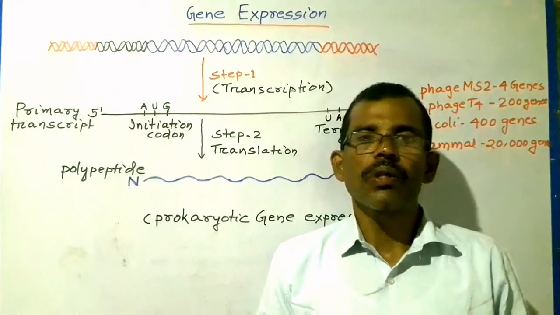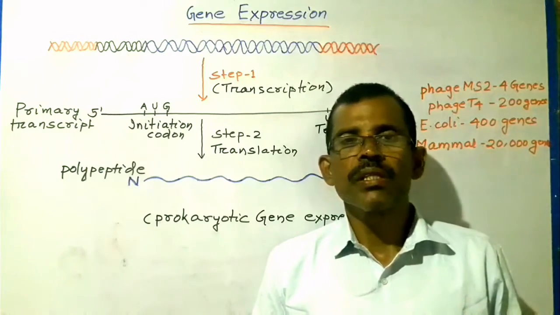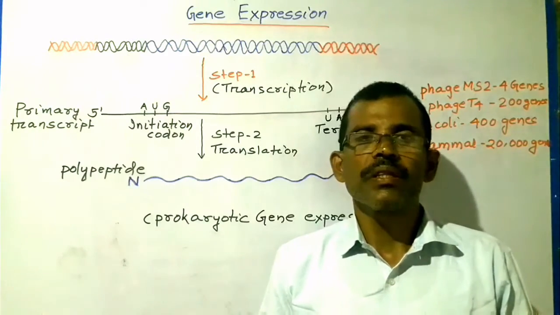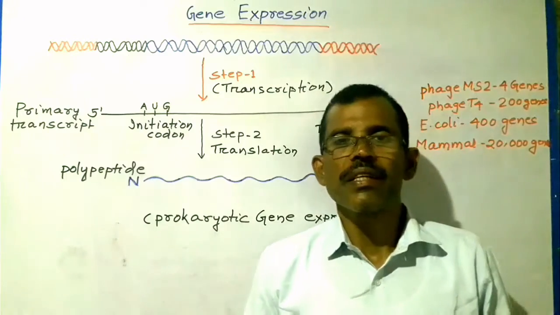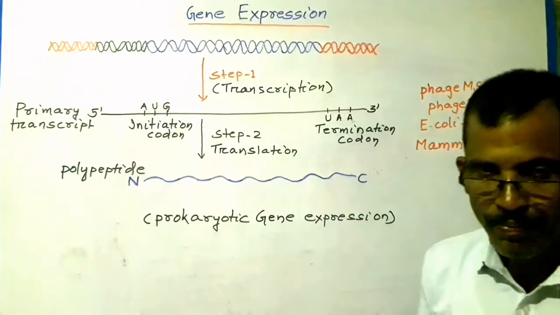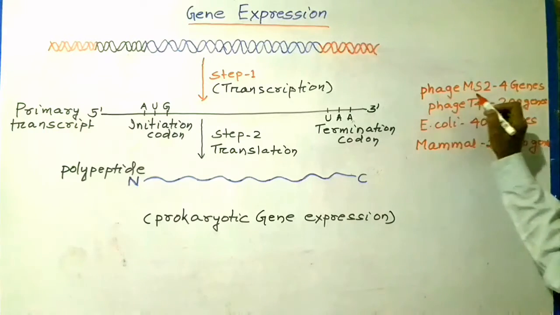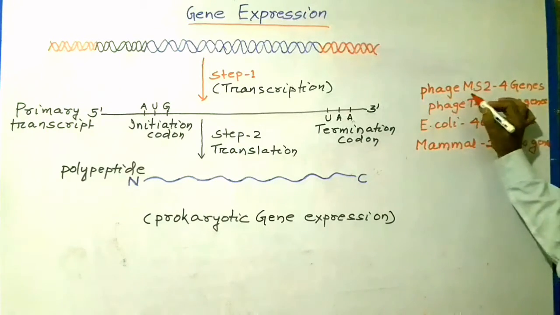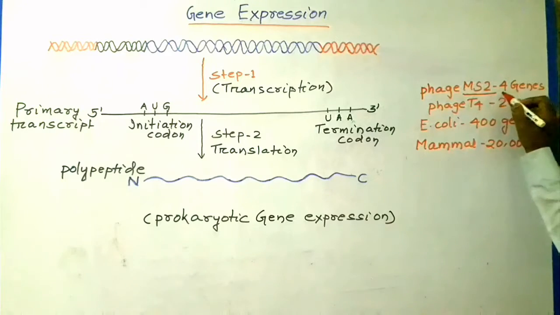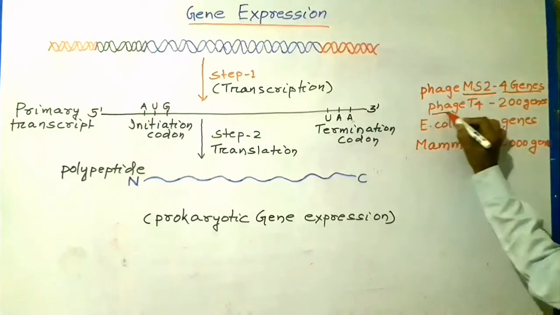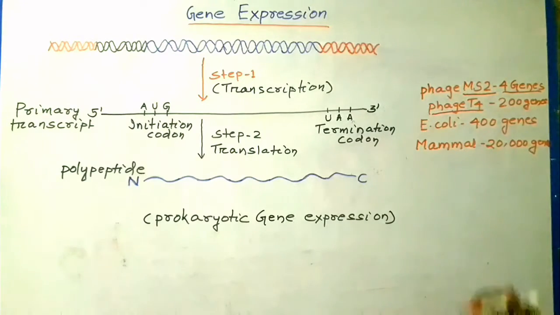We also know that the number of genes present in an organism increases with the developmental complexity of the organism. We'll take some examples. A simple bacteriophage, MS2, contains only 4 genes, whereas a large virus, for example bacteriophage T4, contains 200 genes.